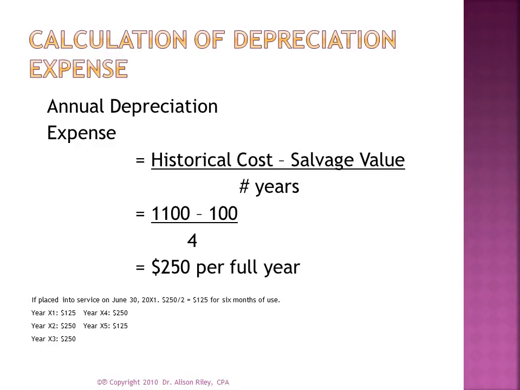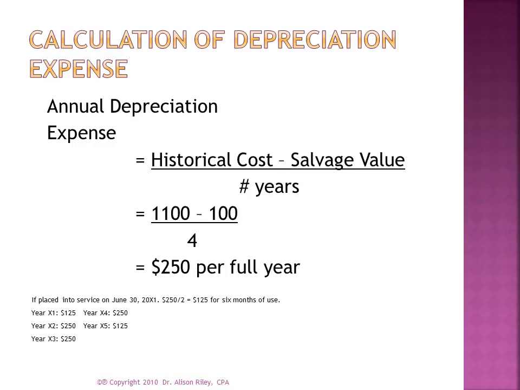This method of calculating depreciation expense is called the straight line method and allocates the cost of the asset into expense evenly over time. Much of the time, productive assets are not put into use on the first day of the accounting year, so the first and last years of the asset's life will show partial year amounts.